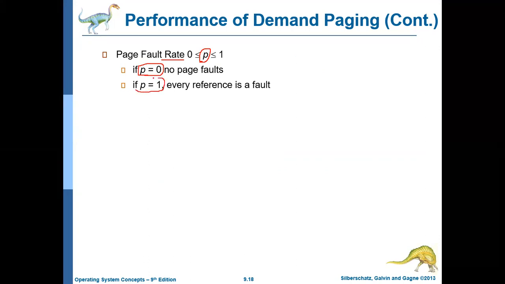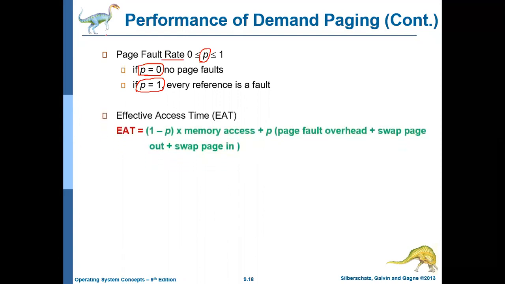If P is equal to 1, it means that every memory reference is a page fault. Given this information, the page fault rate is referred to as P. P equal to 0 refers to no page fault. P equal to 1 refers to every memory reference being a page fault.